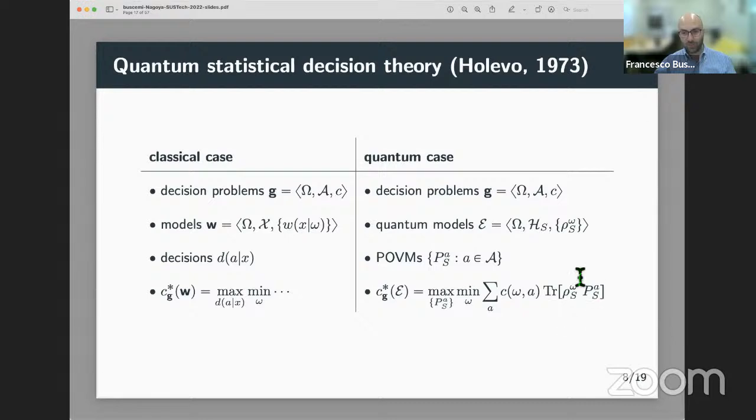So you see here you take this trace, and this is interpreted as a probability of having action A given value omega. And then you take average here, you minimize over omega, and then you maximize the minimum over all possible decision functions.